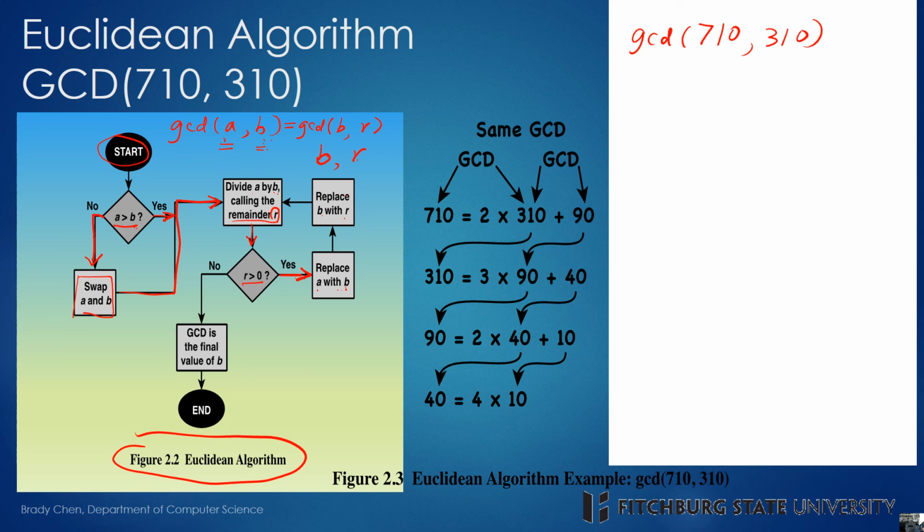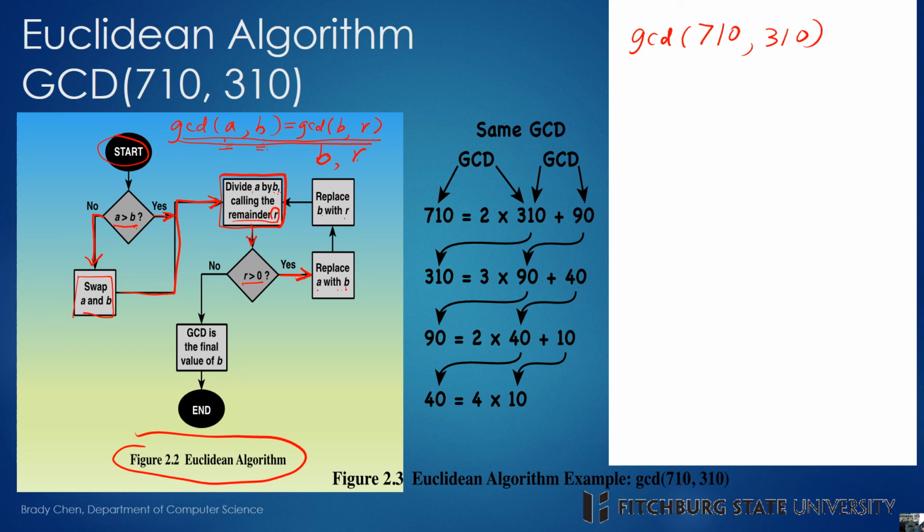Now in the algorithm, we still find the greatest common divisor of A and B, but in the second round, A is not the original A, it's B now. B is not the original B, it's the remainder when A is divided by B. So this gives you the clue that you are going back to these steps, but the values of A and B have changed.